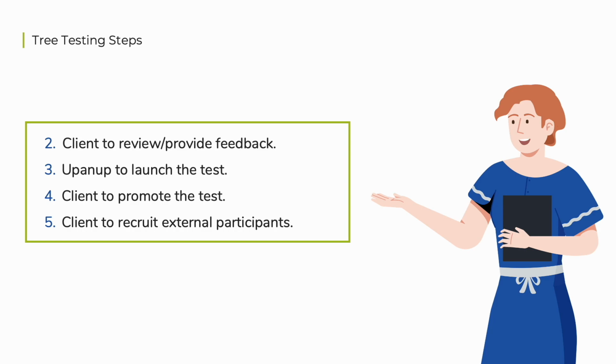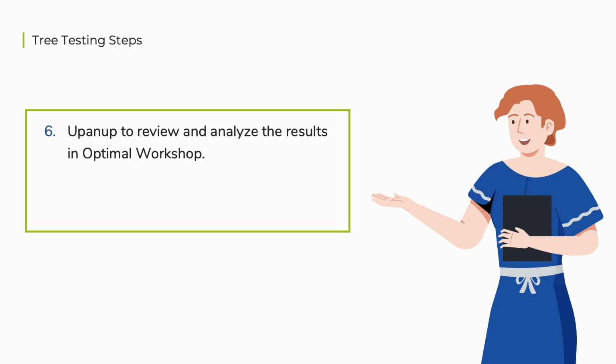For objective results, we recommend using external participants rather than internal staff. After the test has been launched for a certain period of time, Upanup will close the test and begin analyzing the results in Optimal Workshop. Based on the findings from tree testing, Upanup can then provide a recommended sitemap.